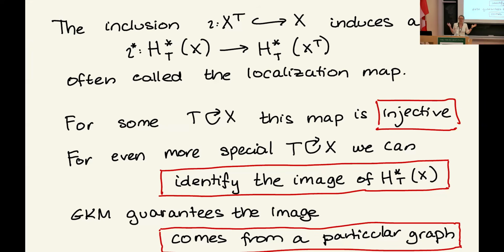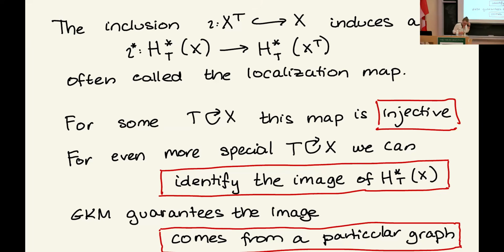So I'm not going to call it anything. So sometimes this map is injective. Even more sometimes you can identify the image, and then GKM is just delineating a little set of conditions that say this image really is coming from a particular kind of combinatorial graph theoretic operation.